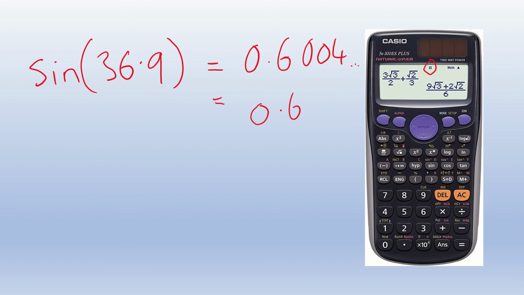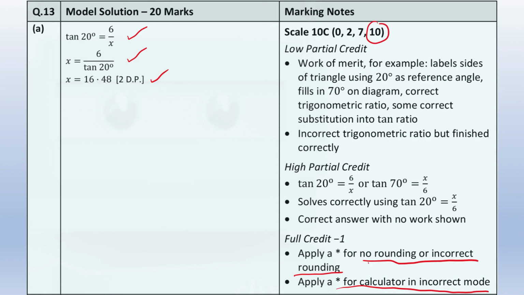If you have that, then you need to reset your calculator or go through the settings so that you're working in degrees and not radians. Before you start any of these questions, just make sure that the letter D is blacked out up on top. So back to our marking scheme, that was those two. You were losing 1 mark for those.